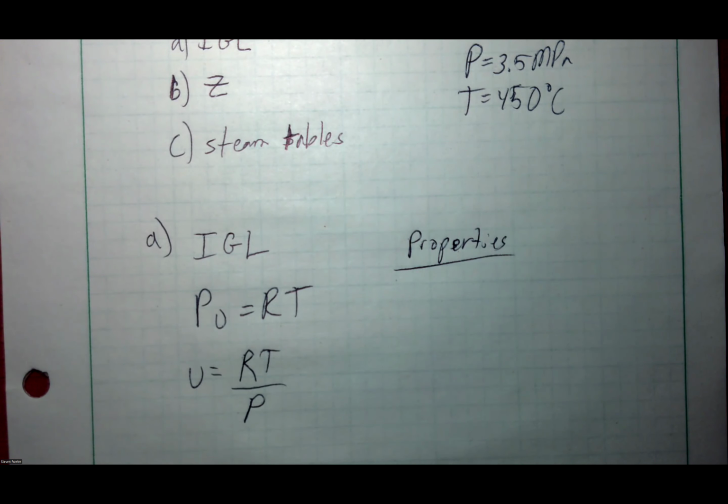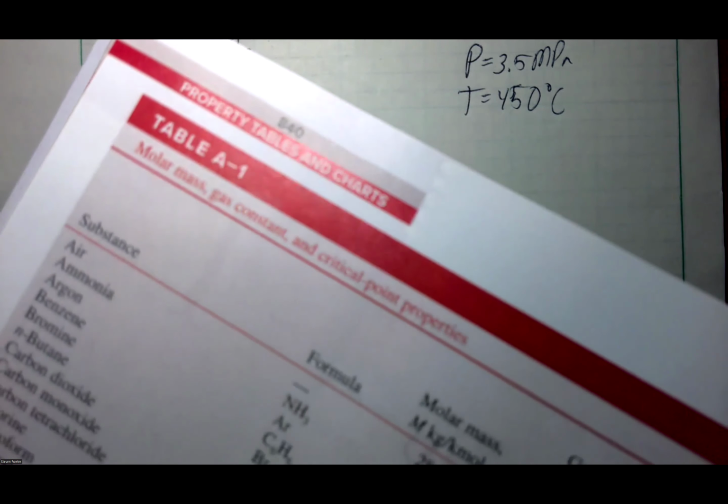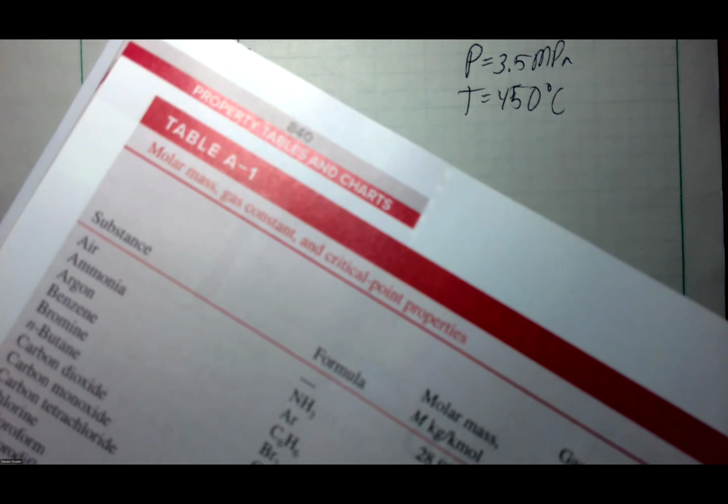These are metric units. Table A1 gives us common properties of molar mass, gas constant, and critical point properties of several substances.